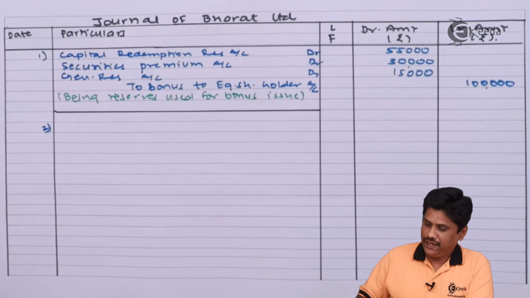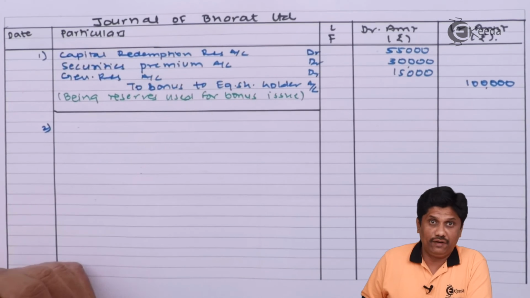So in the second entry, bonus to equity shareholders will be debited and equity share capital will be credited.